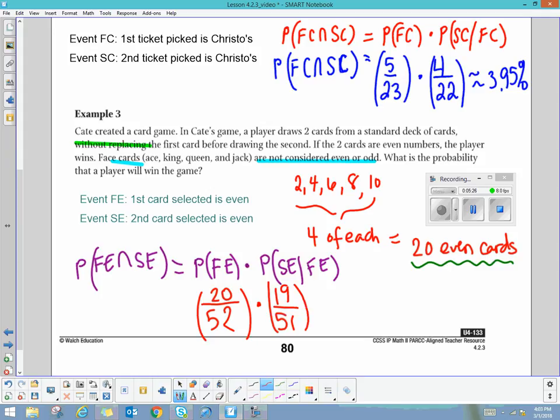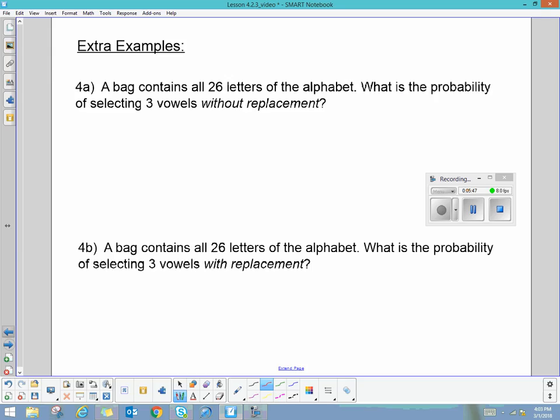There we go. So again, simply put this into your calculator, reduce a little bit if you'd like, but we're looking at about a 14.3% chance of this happening. All right, I hope everything's going well, and let's move on.